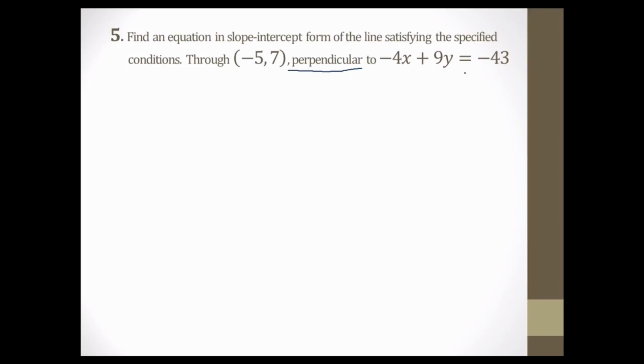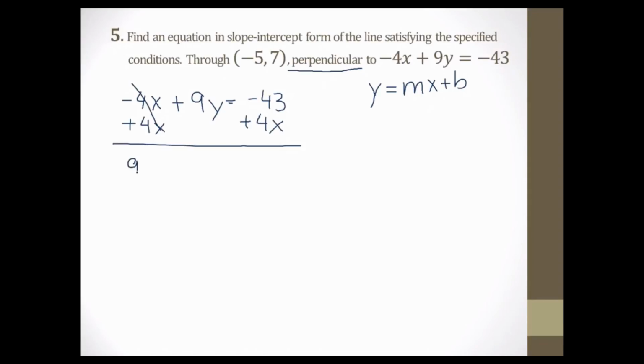So let's first solve this equation for y. To be able to know what the slope is, we have to solve this equation into the slope-intercept form, which was y equals mx plus b. So let's solve this for y. Negative 4x plus 9y equals negative 43. So solving for y, let's move the x term to the other side by adding 4x to both sides.